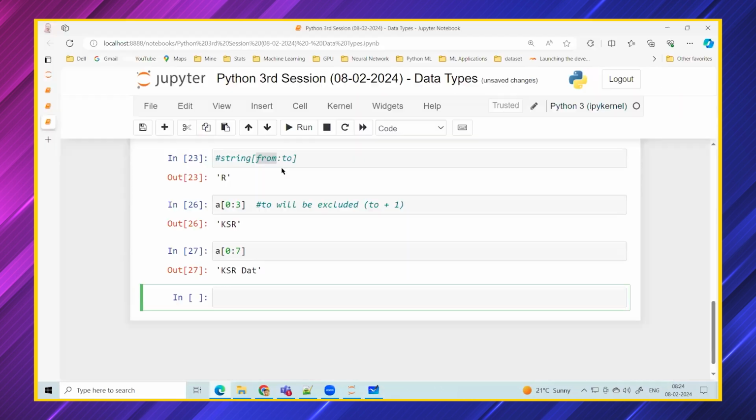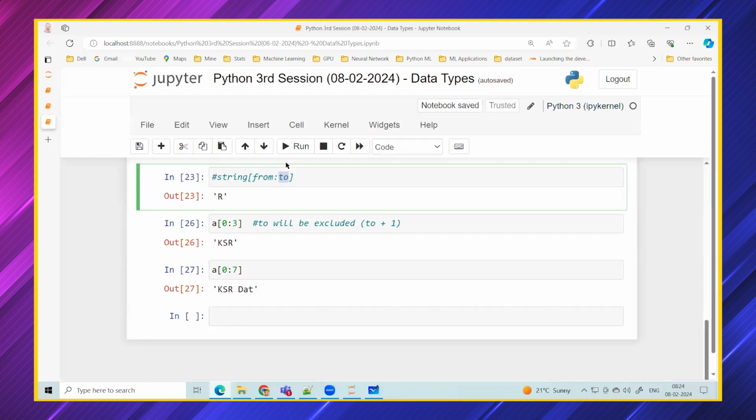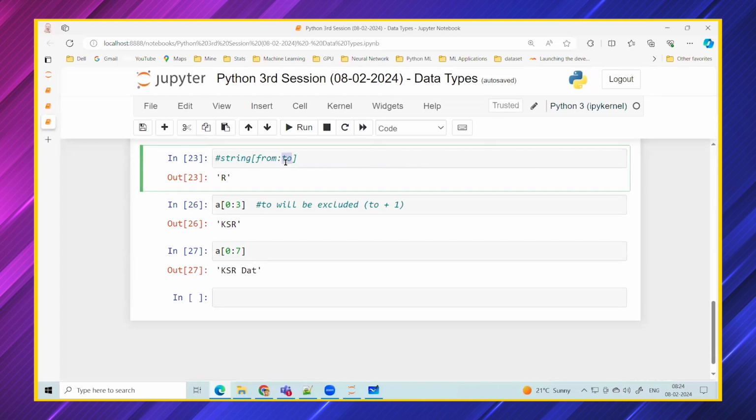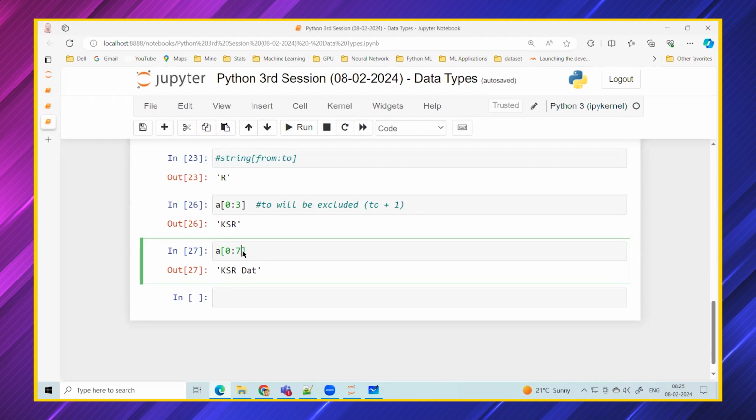The reason is whatever you give in the second position will be excluded. It's not going to consider the last element. Whenever you eat something, the last piece you leave out, right? So if I want to include that, I should always add plus 1. So it should be 7 plus 1. Always you are one step above. If you want to include that particular element, you always give plus 1.